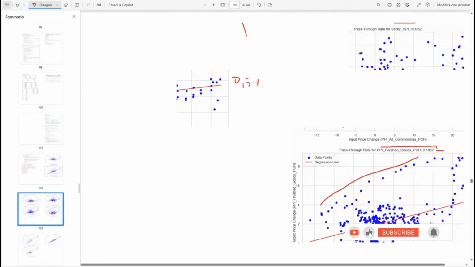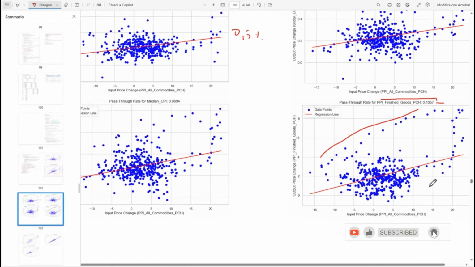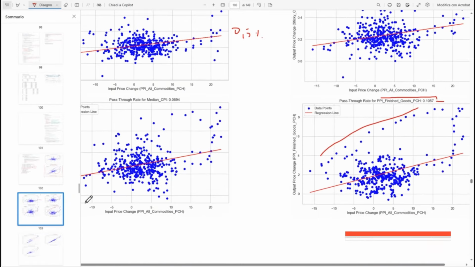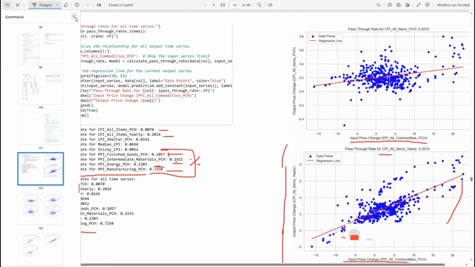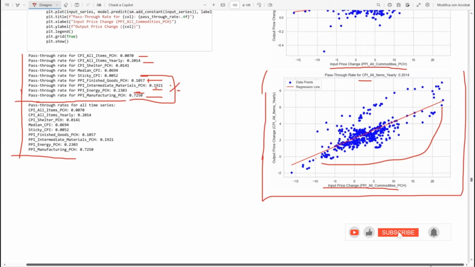And with these charts we can see more or less the steepness of the CPI or core inflation or PPI by simulating a 25% tariff, and these are some sort of table results for the pass-through rates on all time series. You can see what the coefficients are.